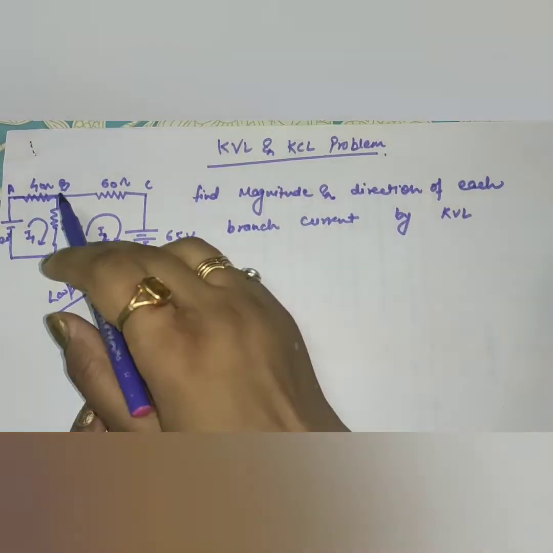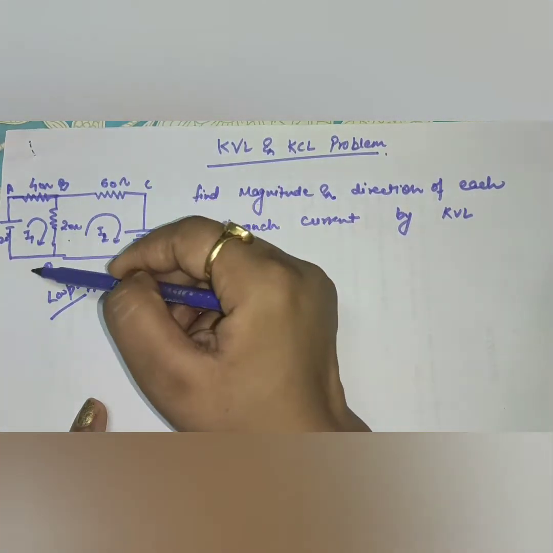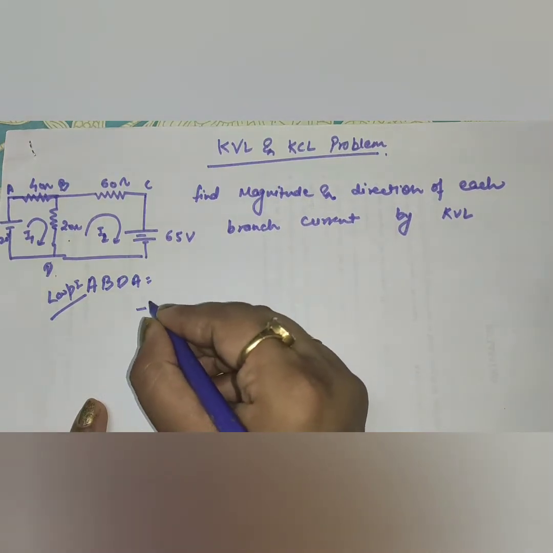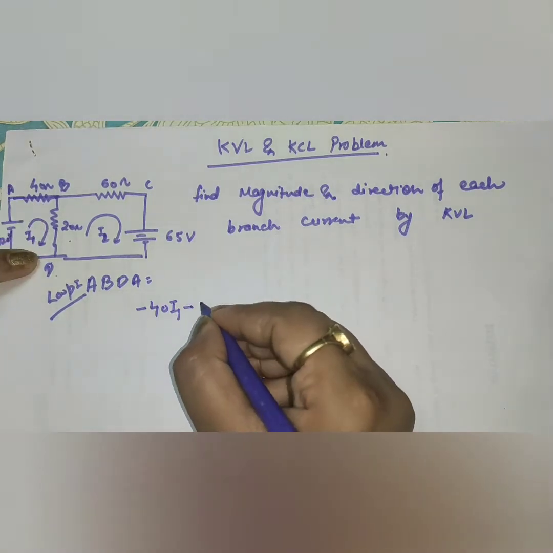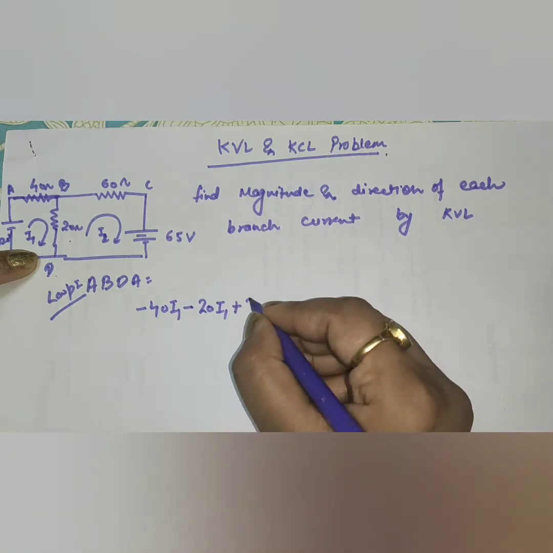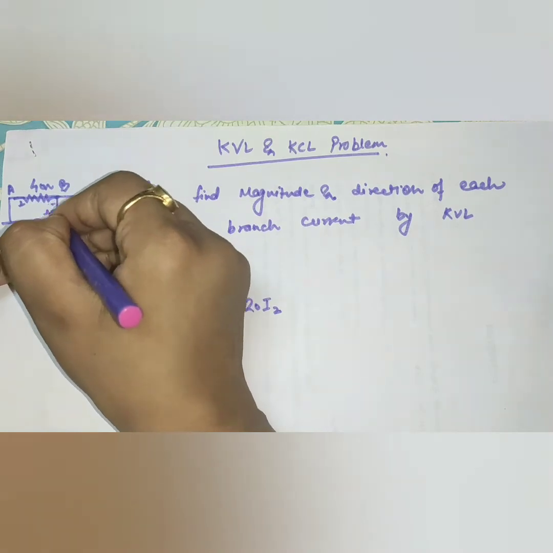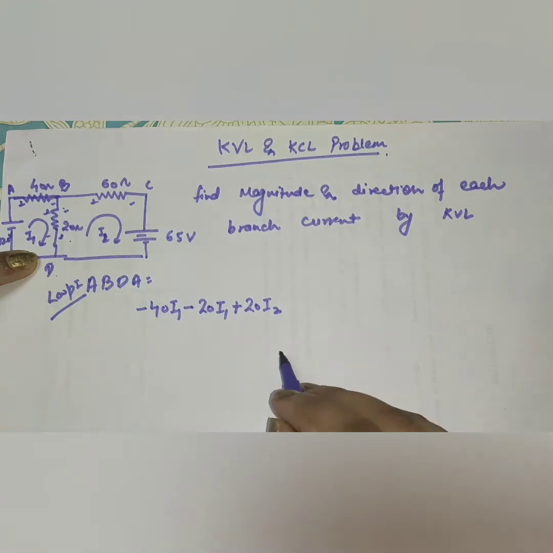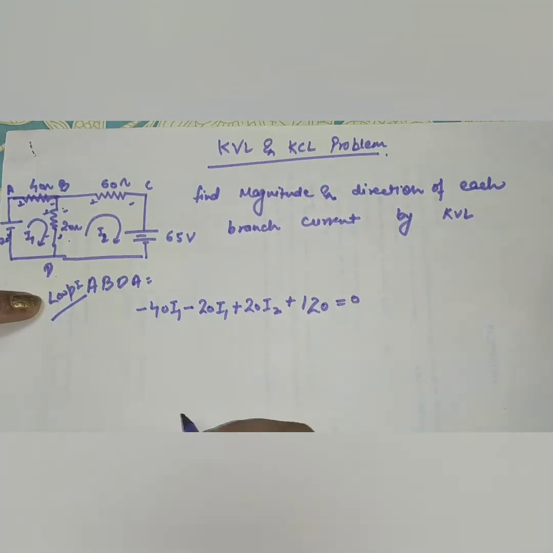In mesh 1, A, B, D, A, the equation will be minus 40 I1 minus 20 I1 plus 20 I2, minus I2 plus 120 equal to 0.